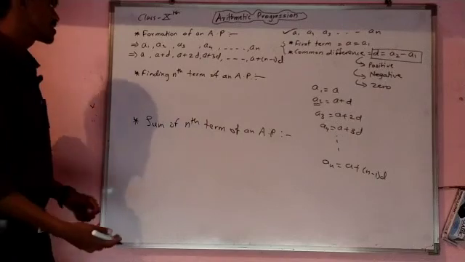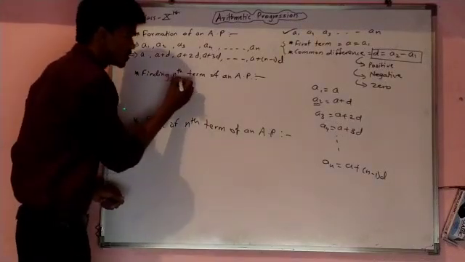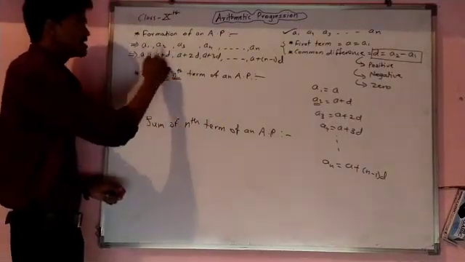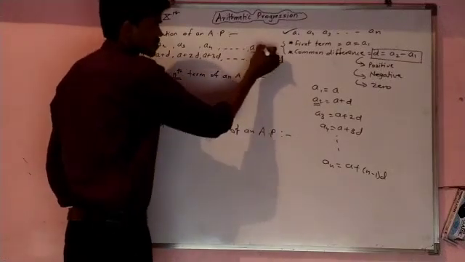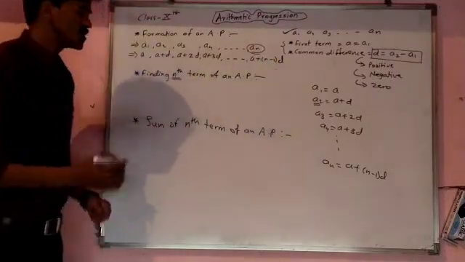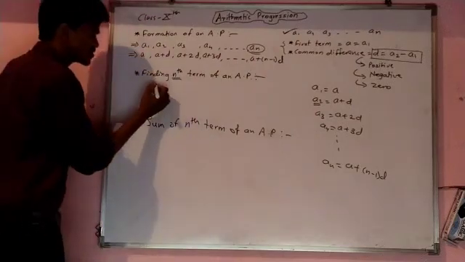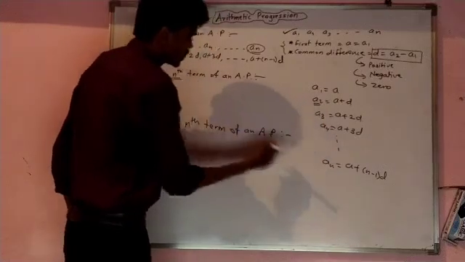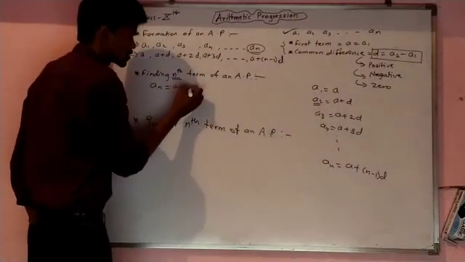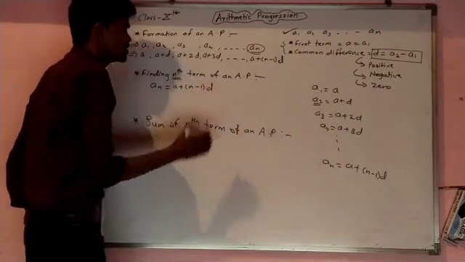Okay, after this we need to find the nth term. In this arithmetic progression our nth term is an. So we need to find the value of an by using an is exactly equal to a plus n minus 1 into d.